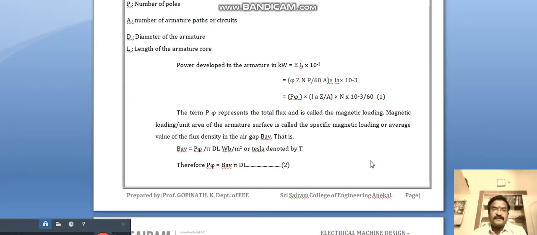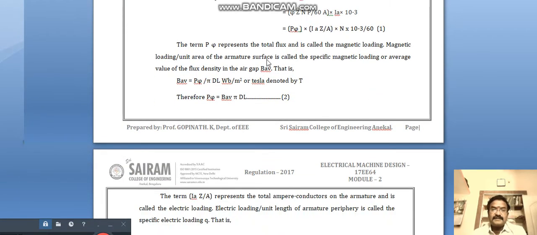The term P phi represents the total flux and is called the magnetic loading. There are two loadings majorly present in all the output equations: one is electric loading and another is magnetic loading.